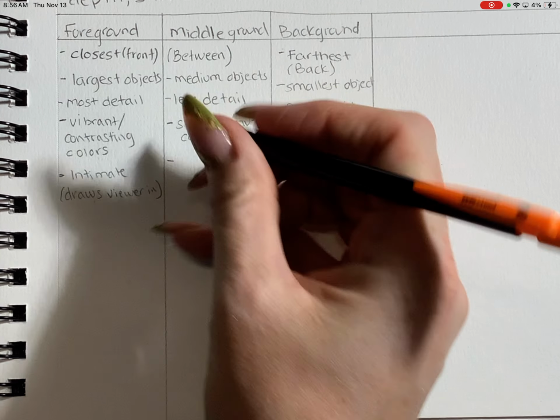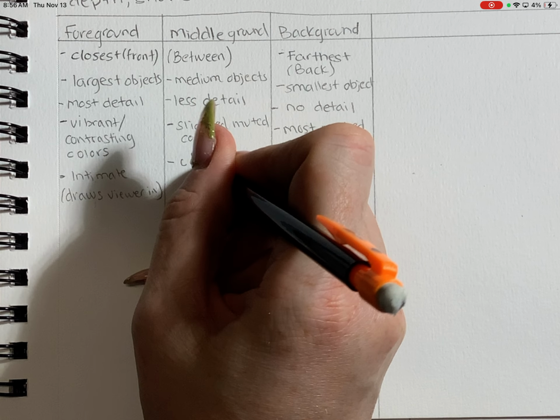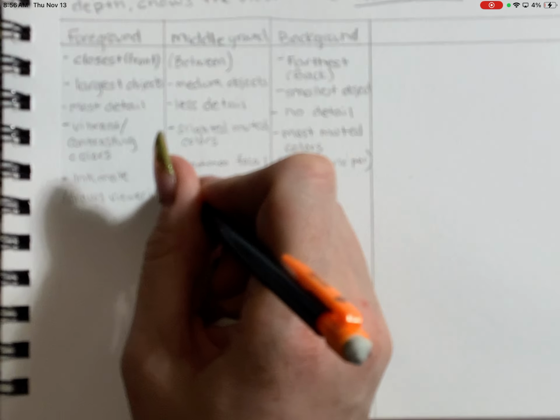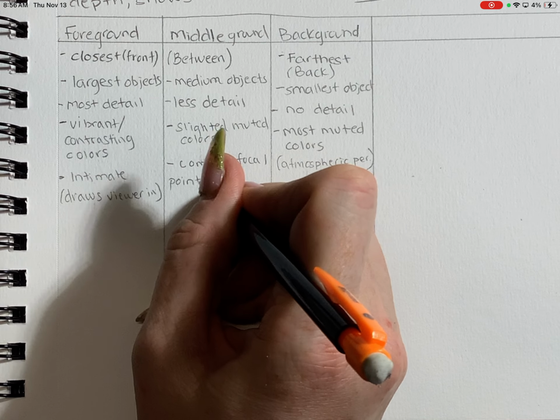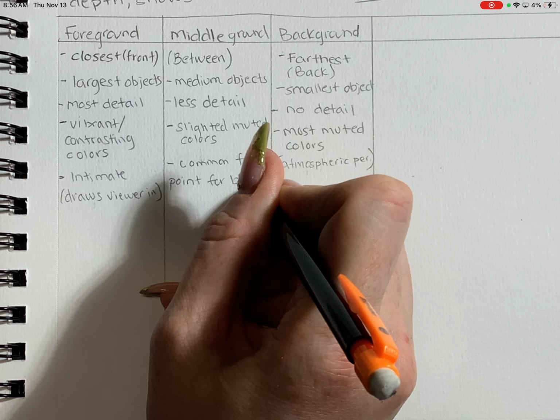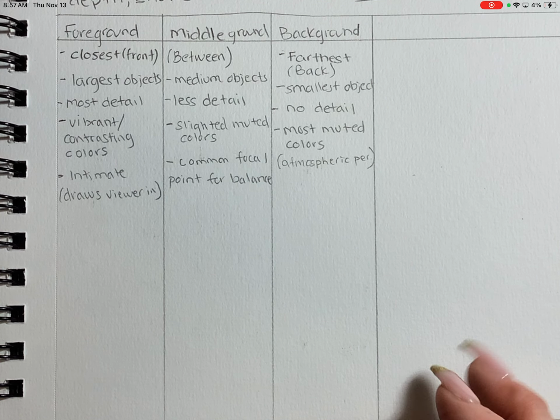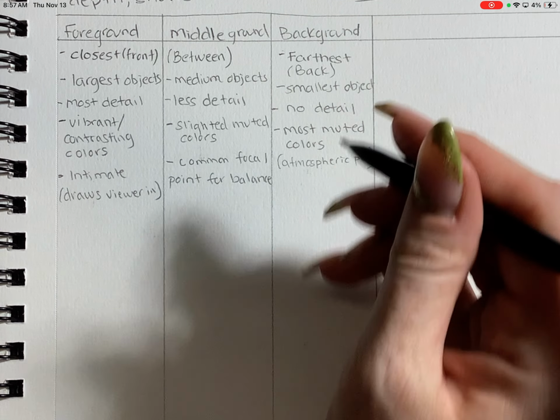So all your drawings in the middle ground are going to have a common focal point for balance. So you don't want to draw everything on one side of your painting or drawing, or it's going to feel heavy on that side.